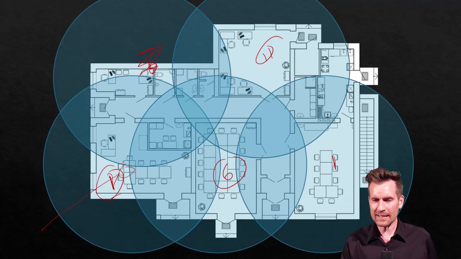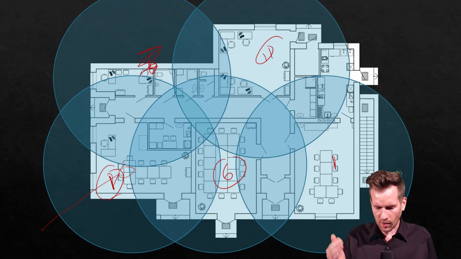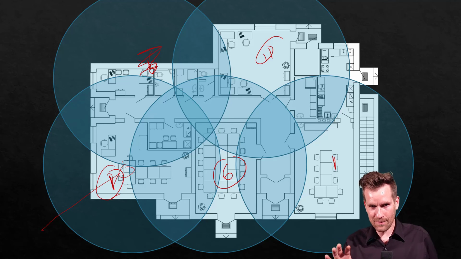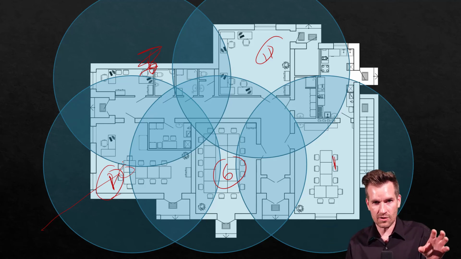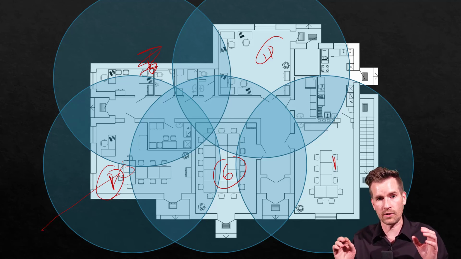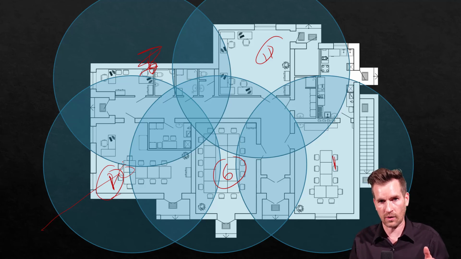So we're limited with the amount of channels we have, and it takes quite a bit of changing things around to get this all to work correctly. So it's a bit of an art to try to get this all to work correctly, especially when you're talking about the 2.4 gigahertz range.